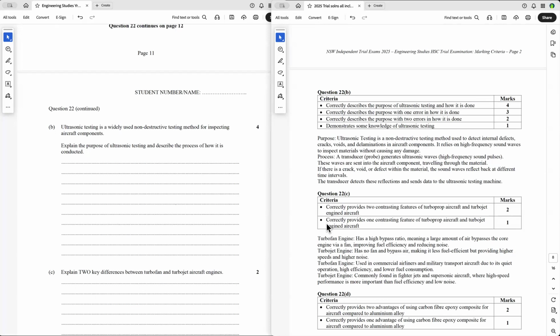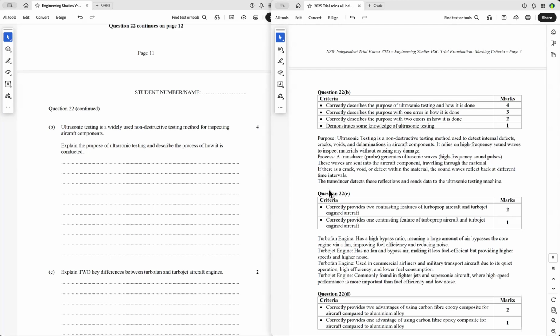The idea is that you've got a transducer which sends ultrasonic waves through the component, and if there is a defect or a void or a crack, it reflects those back, and these show up on a cathode ray oscilloscope, which is calibrated to see what the depth of the flaw is.